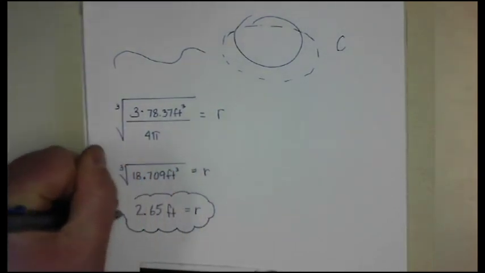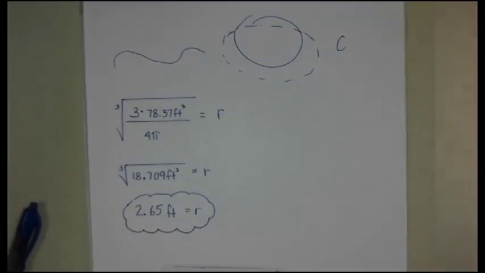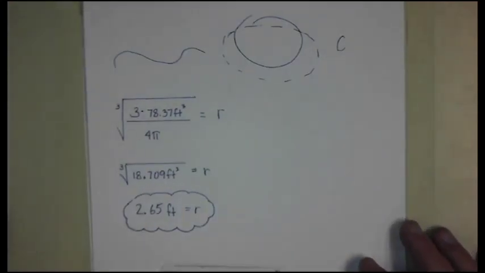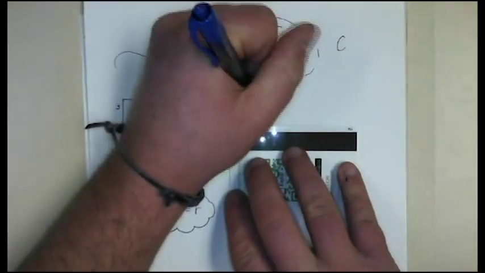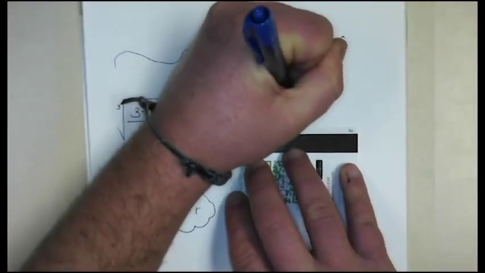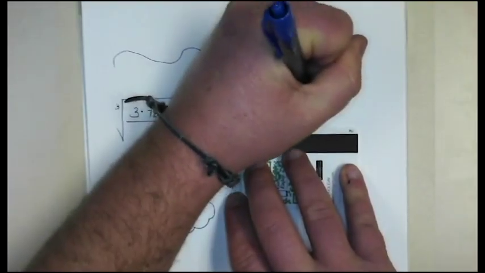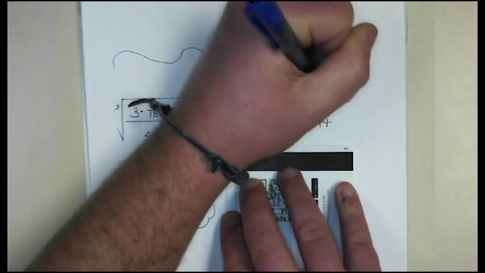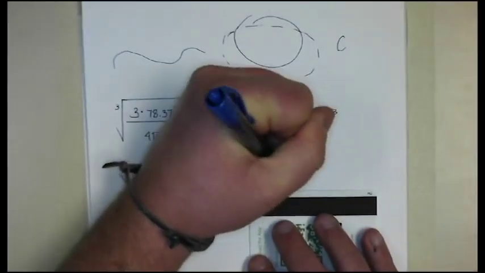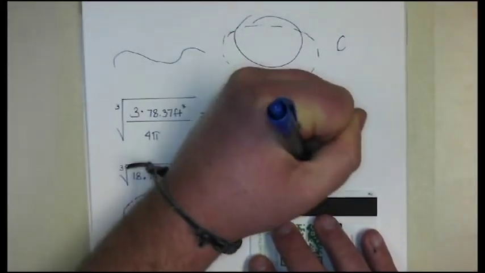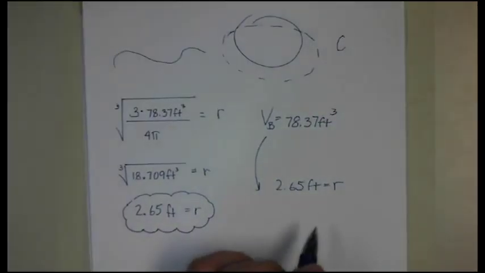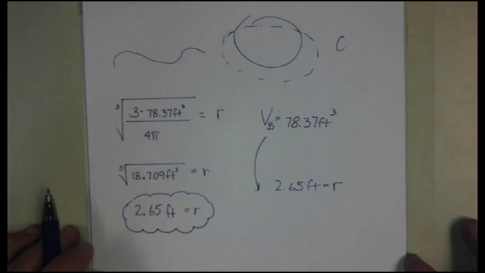It's a cool number because when that balloon is inflated, to ensure that we have a volume of 78 and 37/100 cubic feet of helium in our balloon, I need a radius of a balloon that is 2.65 feet.